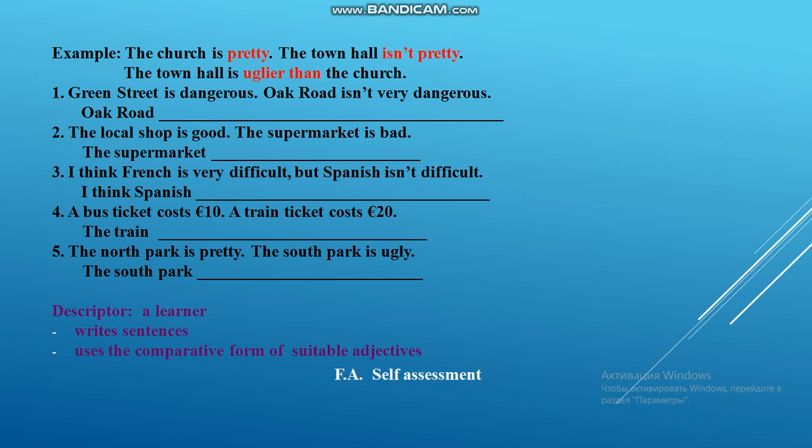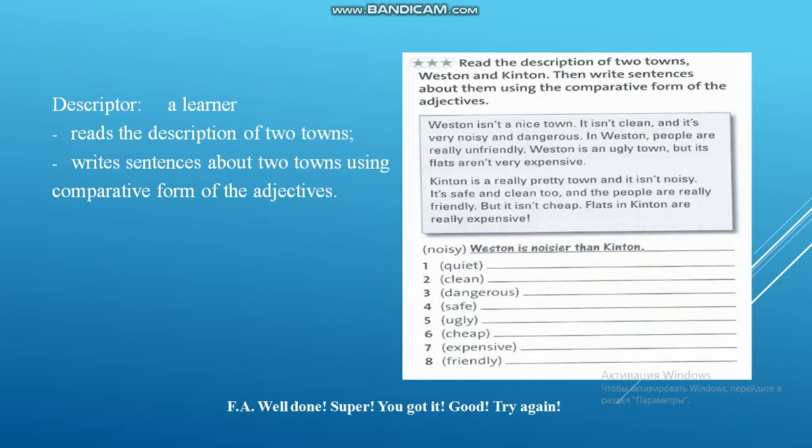Middle able students wrote sentences using the comparative form of suitable adjectives. More able students read the description of 2 towns and wrote sentences about 2 towns using the comparative form of adjectives.